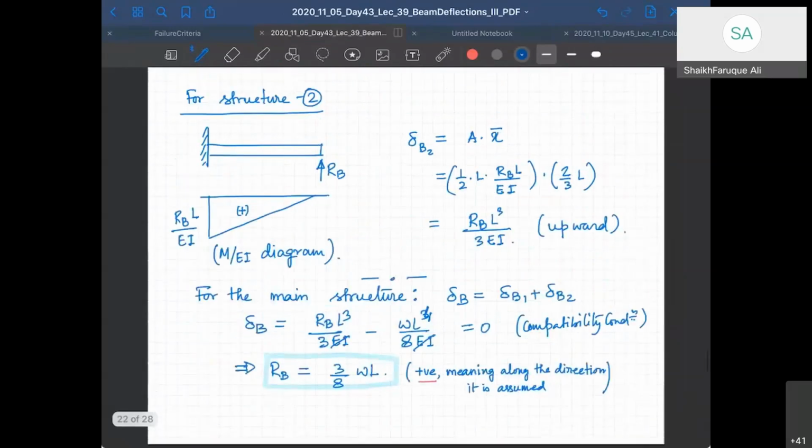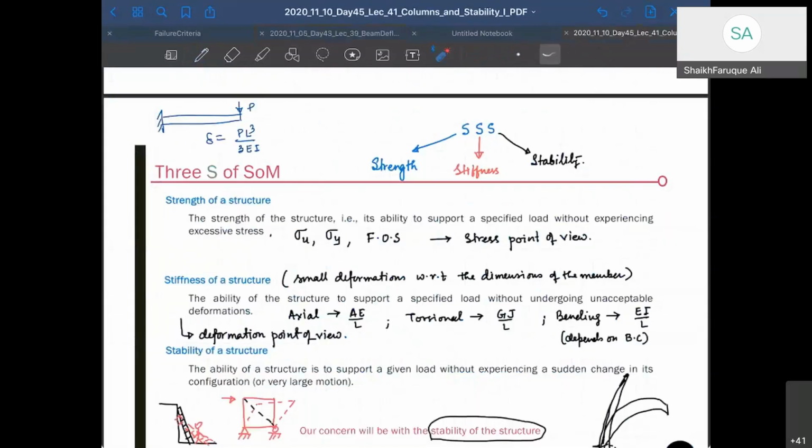See here, PL cube by 3EI, and therefore its stiffness K is equal to 3EI by L cube.